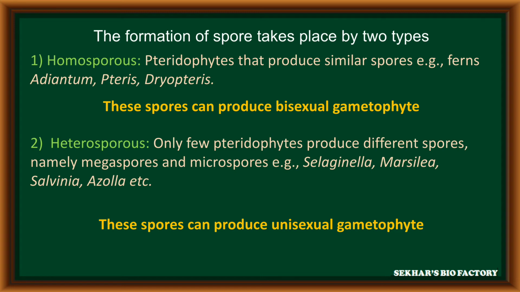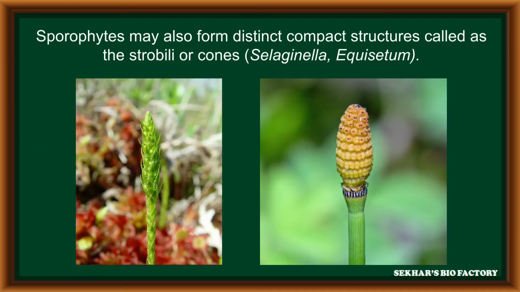These members produce two types of spores in sporangia. These produce a gametophyte that is unisexual in nature, having either male or female reproductive organs separately. In some members like Selaginella and Equisetum, the sporophylls may also form a distinct compact structure. It is called strobili or cones.